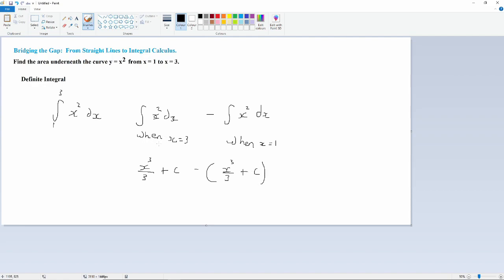And in the first instance it's when x equals 3, so I can replace that x with a 3. And I can replace the second x with a 1.